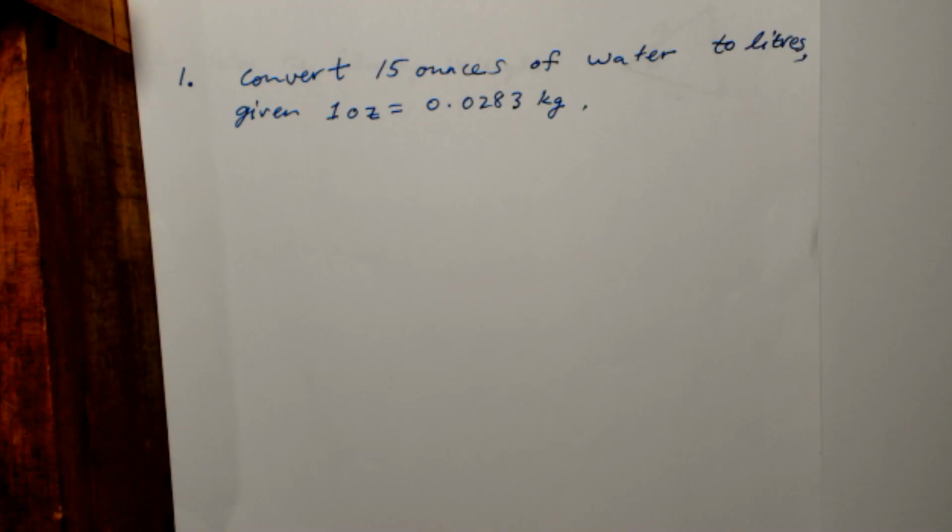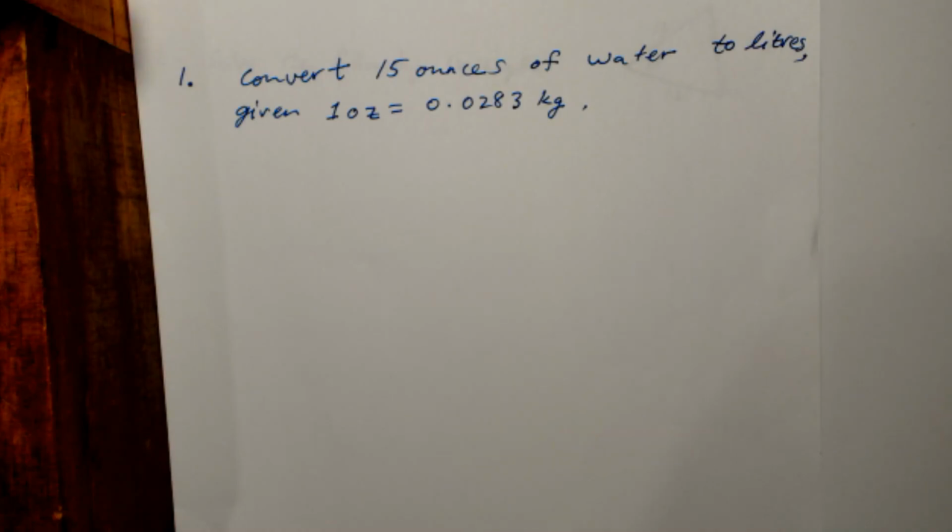So let's get started. The first question I have prepared here is convert 15 ounces of water to liters. Now ounces is a weight, and we're given that 1 ounce is 0.0283 kilograms approximately.